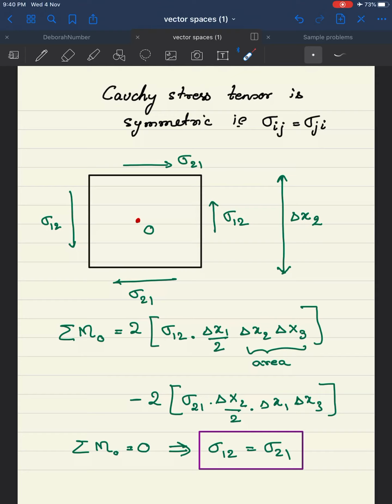I told you I might not give this out, but I've still gone ahead and drawn it. But I want you to argue this out for simple fluids. Now, for simple fluids, remember that there is going to be no intrinsic angular momentum for any fluid element. So this is equal to 0, which implies that sigma 1, 2 is equal to sigma 2, 1. So now you can just go ahead and repeatedly apply this to the other axes, and you can end up getting this. Okay.